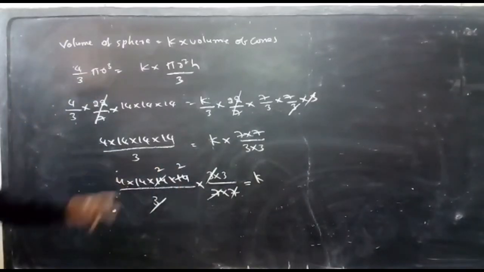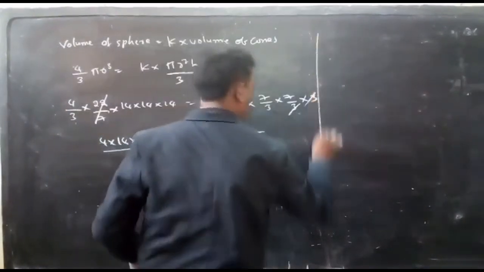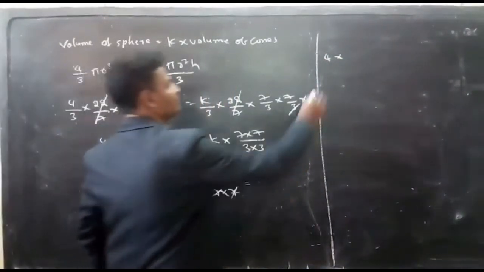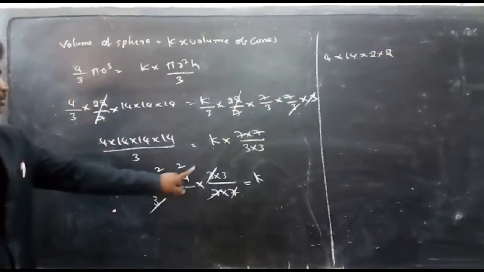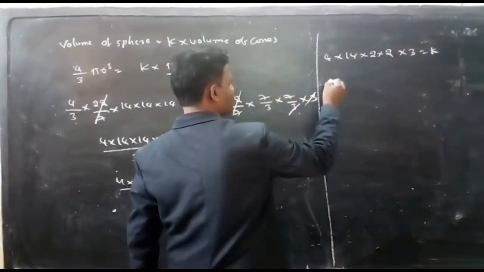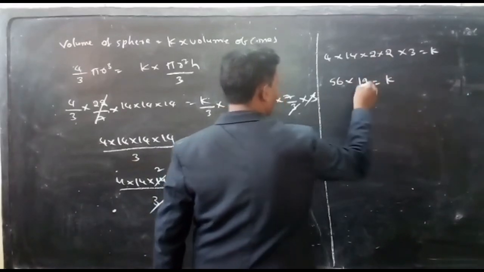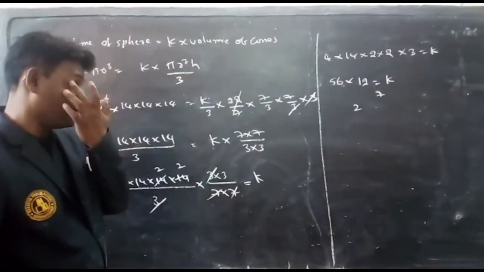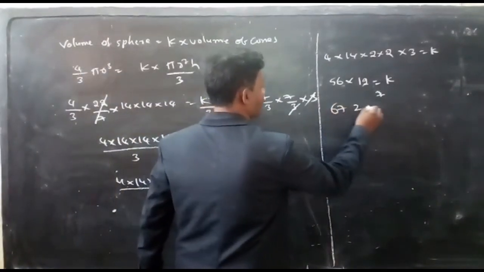What is the remaining here? 14 remaining. 4 into 14 into 2 into 2 into 2 into 3 is equal to K. 14 4s are 56, into 3 2s are 6, 6 2s are 12. 12 6s are 72, 12 5s are 60, 60 plus 12 is 672 is equal to K.